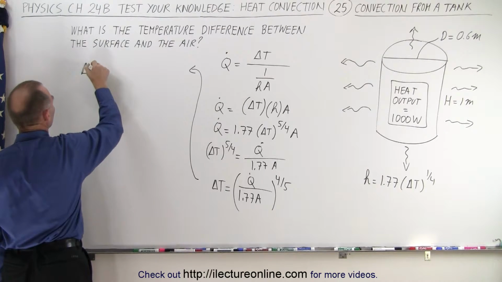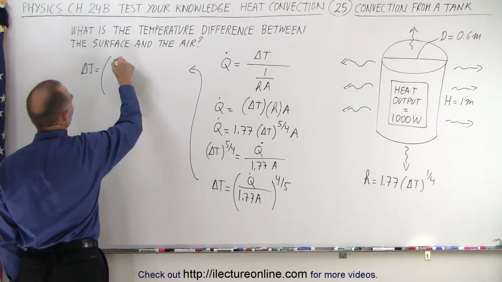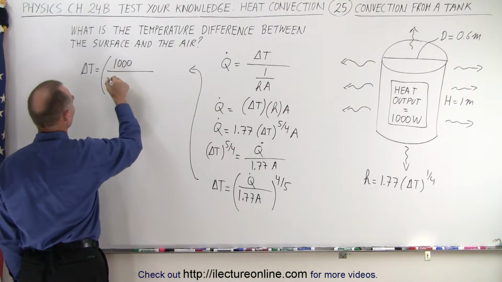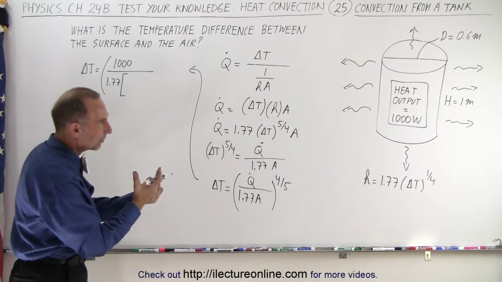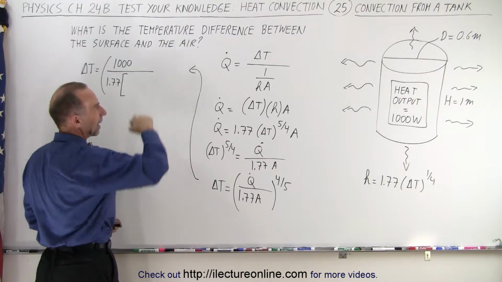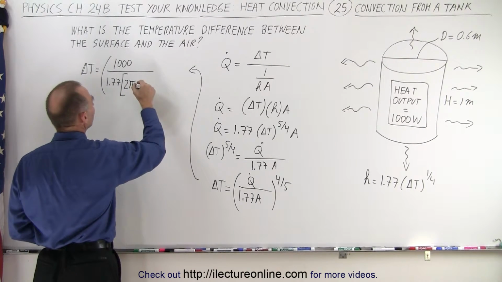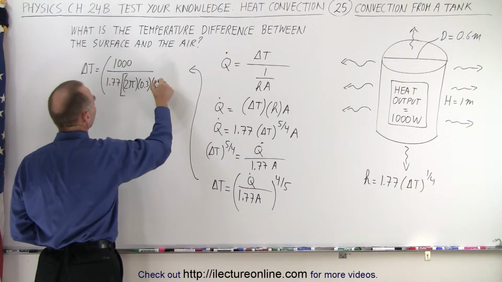The difference in the temperature between the surface and the air is going to be 1,000 watts divided by 1.77 times the area. Now the area is going to be the side of the tank, which is going to be the height times the circumference, so it's 2 pi times the radius, which is 0.3 meters, and we have to multiply times the height.